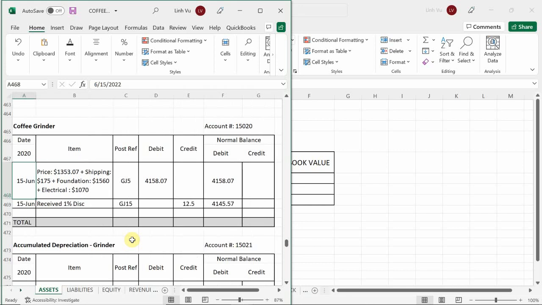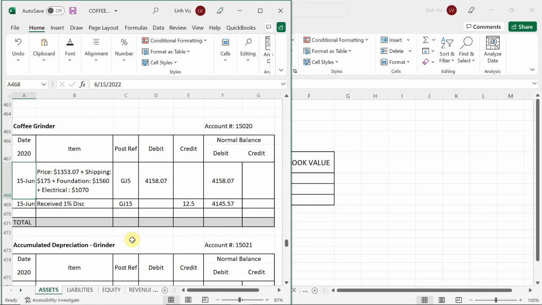However, we had to put in some more fixtures, because it isn't when you buy it. It's based on when you place it in service, when it's ready to operate. We had to do extra electrical wiring, and we had to build a foundation for the coffee grinder itself.